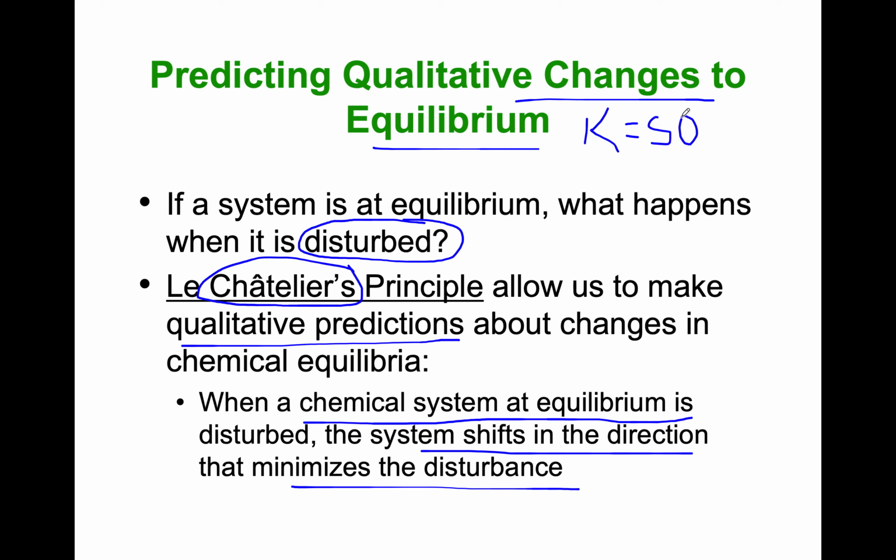If something happened and the concentrations were changed so that now the ratio is not 50 but 100, the reaction is going to shift to get back to 50. Or let's say you took something out and went down to 20, the reaction is going to shift so it gets back to the equilibrium constant of 50. So that's what we're talking about here, predicting how things are going to shift.